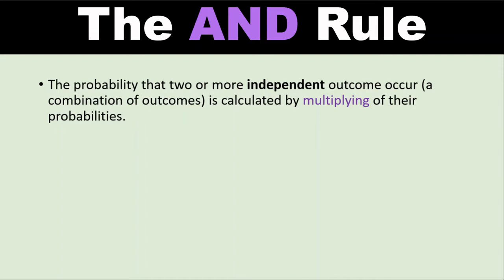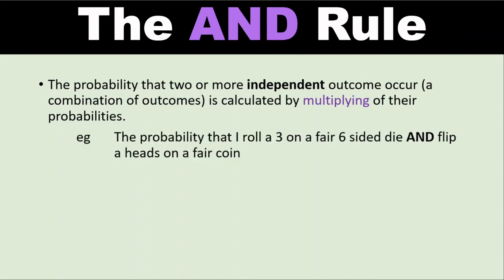That is, the probability that one event happens and another event happens is calculated by simply multiplying those two probabilities together. For example, the probability that I roll a 3 on a fair 6-sided die and then I flip a heads on a coin would be simply the probability of rolling a 3 multiplied by the probability of flipping a heads.